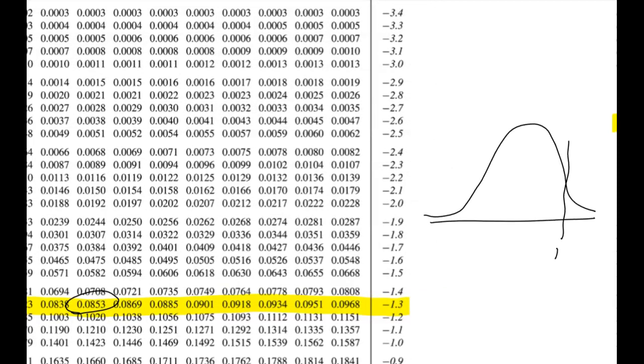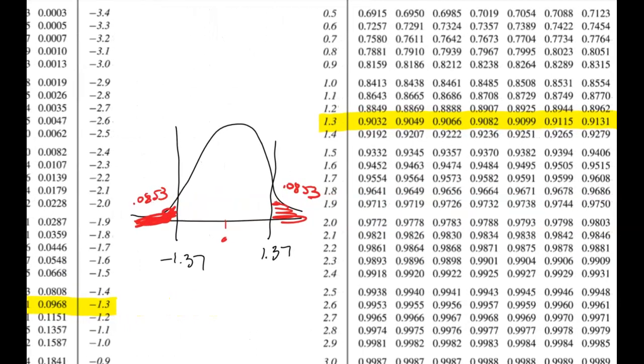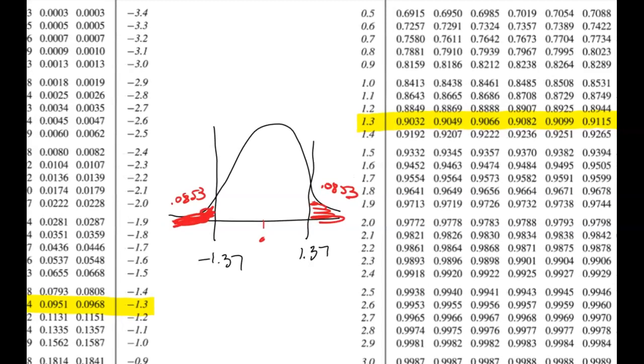If I have 1.37 here, and I have a negative 1.37 here, remember 0 is perfectly in the middle, and its symmetric curve is equal to that area. So if I know negative 1.37 to the left is 0.0853, that's the same as the positive to the right, 0.0853. Again, it's the same as taking the 0.9147 and subtracting it from 1.